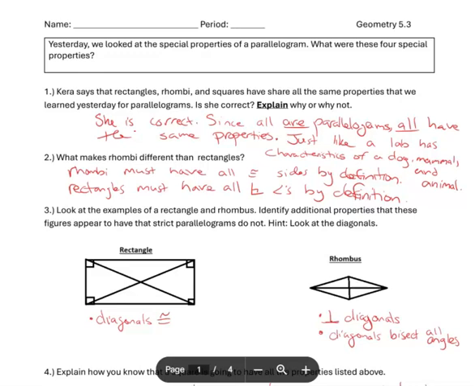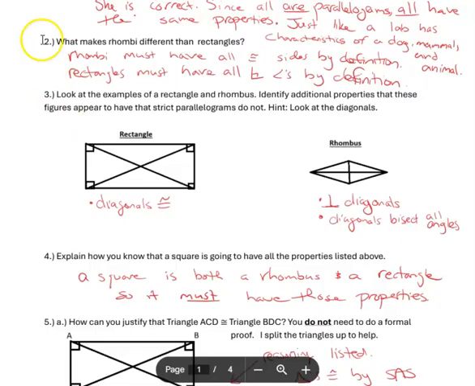Well, a rhombus must have all congruent sides by definition, and rectangles must have all right angles by definition. Look at the examples of the rectangle and the rhombus. Identify additional properties that the figure appears to have that strictly parallelograms do not have. Look at the diagonals is the main thing. Well, for a rectangle, it looks like the diagonals are the same exact length. That does not seem to be true for rhombi though. It looks like you have one short diagonal and one longer one.